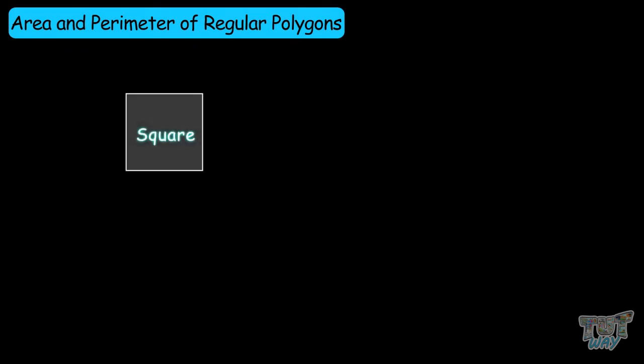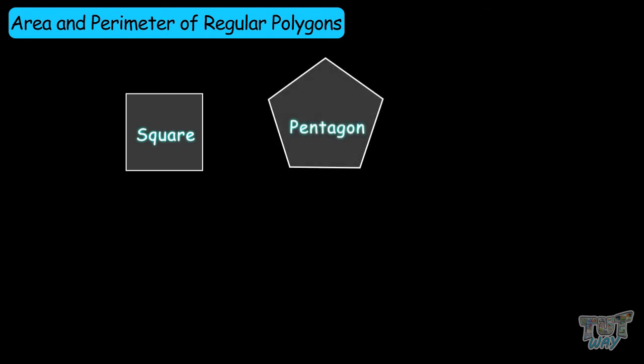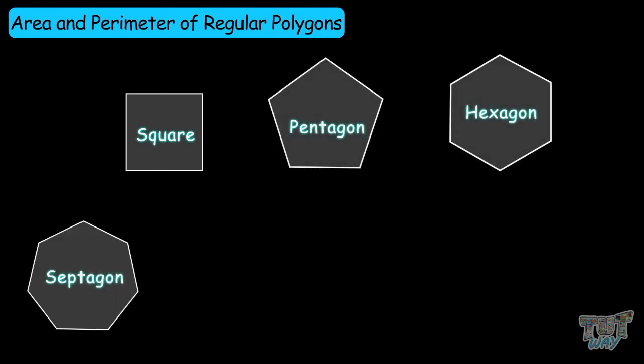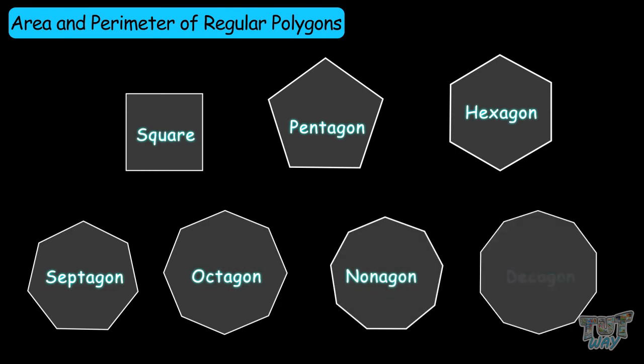Next, we move on to regular polygons. The square, pentagon, hexagon, septagon, octagon, nonagon, decagon, and any other regular polygon. So how do we find the area of a regular polygon? First, revise what is a regular polygon.